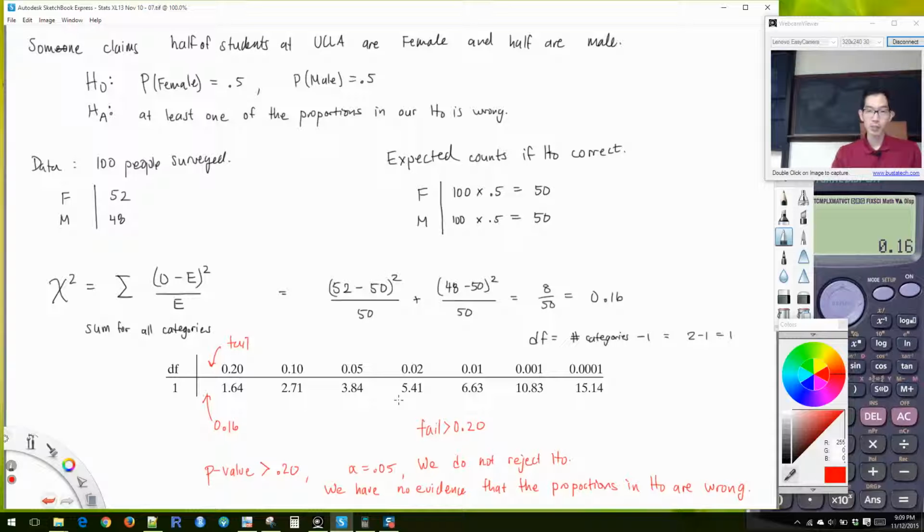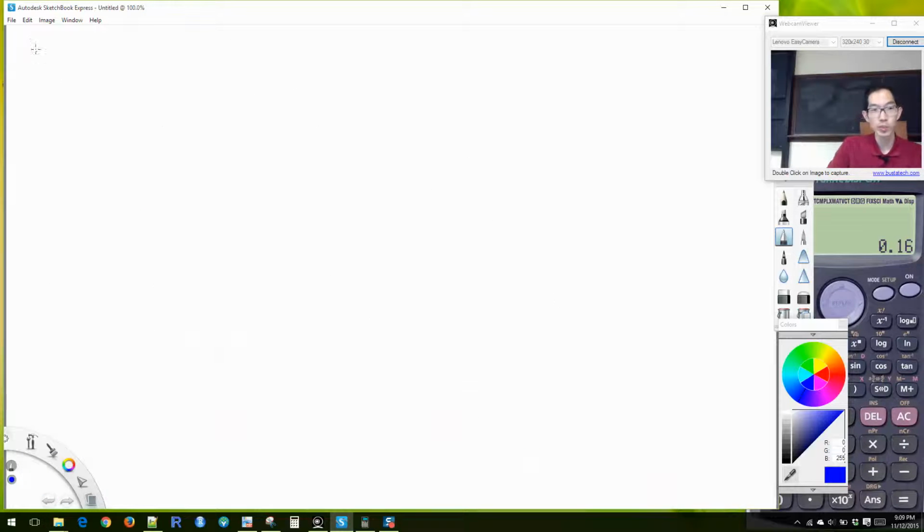In all of the math behind this, there is kind of a central limit theorem underlying assumption. And so there's one condition that we have to check, and that is to make sure the combination of sample size and proportions are big enough. So we do have just one condition.